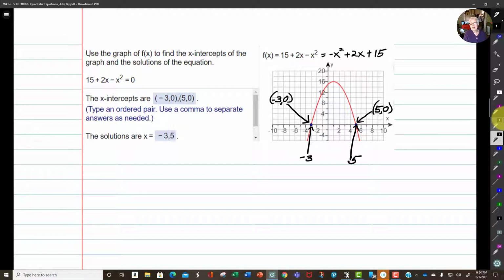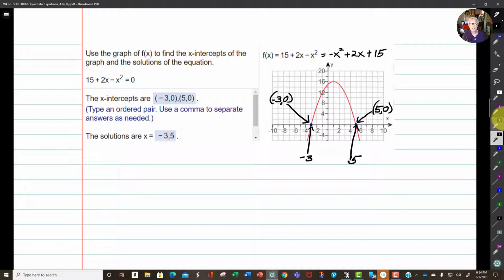Nonetheless, they have the same graph. If I want to find the x-intercepts, I set 15 plus 2x minus x squared, or negative x squared plus 2x plus 15, equal to 0. And the solutions to this equation are the points on the x-axis that are the x-intercepts.